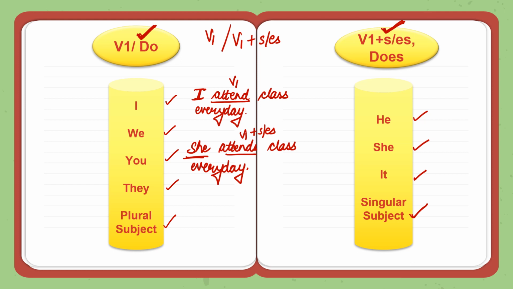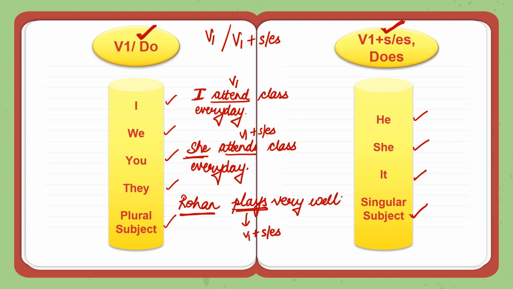Let's take one more example. Rohan plays very well. Over here our subject is singular and the singular verb is V1 plus S or ES.